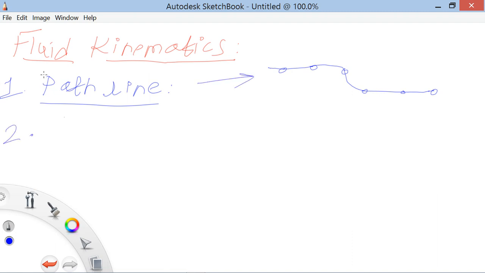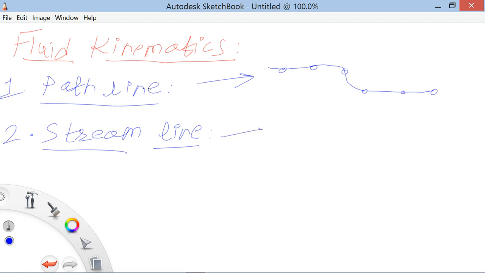Now the second definition asked in the question is for the streamline. It is an imaginary line drawn through a flowing mass of fluid such that the tangent to it at any point represents the direction of motion, that is nothing but the velocity vector at that point.